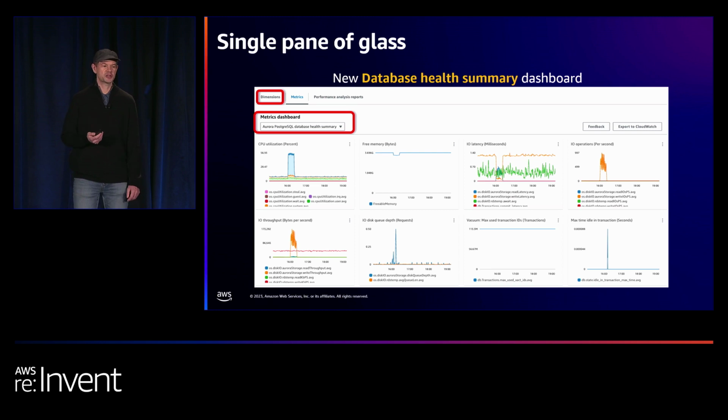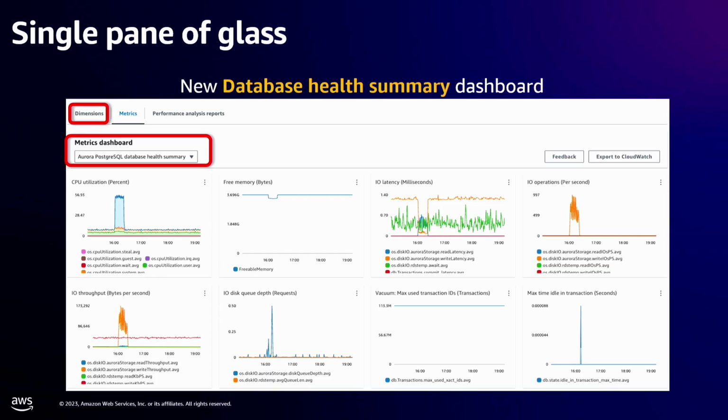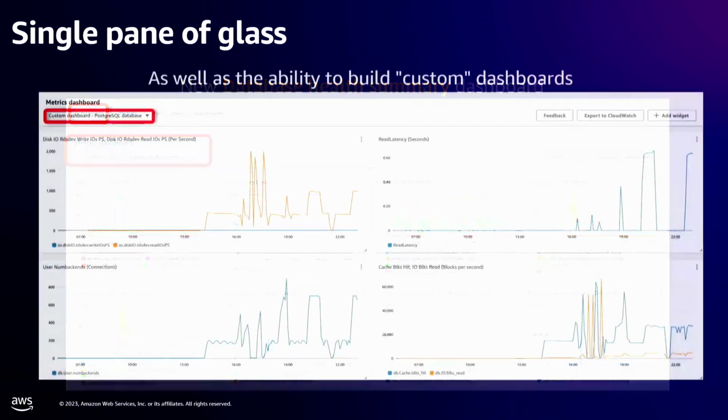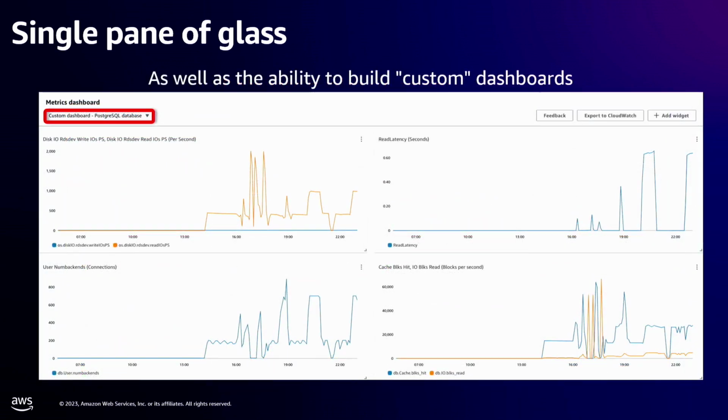And these metrics are now organized in what we call a database health dashboard, which we pre-built. And these dashboards are now available for all RDS engines that we support. Now, of course, you can also build your own dashboards, but now using all of the available database telemetry from all RDS telemetry sources.